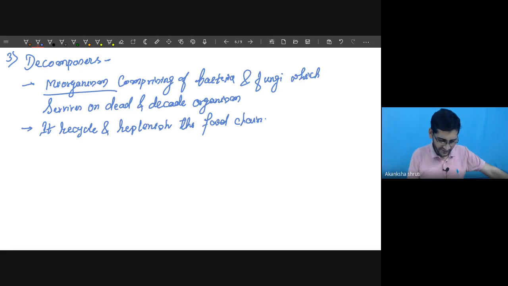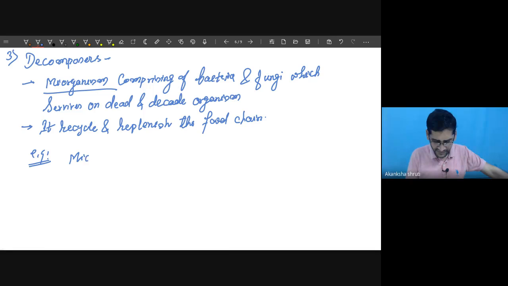How is that? What could be the example? Example could be the microorganisms. It could be your scavengers also, like vulture. It could be your insects also.